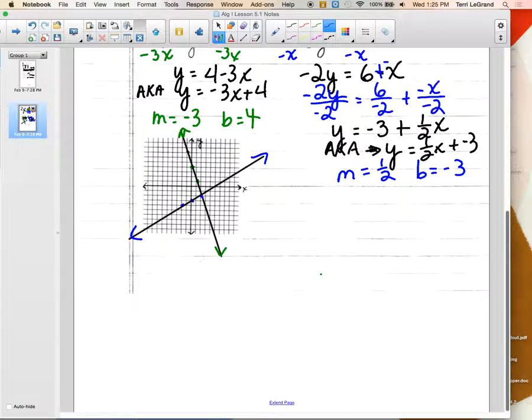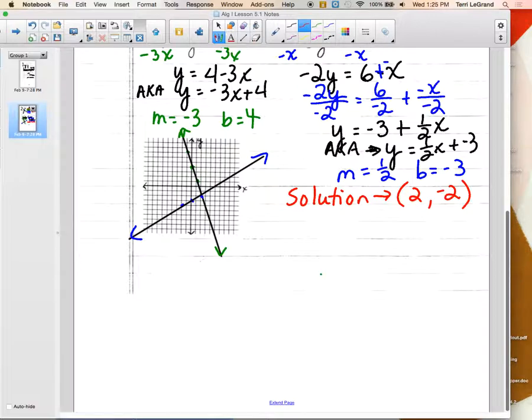Why do we say there's a solution? Because they cross at a certain point. What's the ordered pair that's intersecting at, Michaela? 2, negative 2. So this graph is leading us to believe that the solution is the ordered pair 2, negative 2. But until we really do a check problem, we're not really certain.